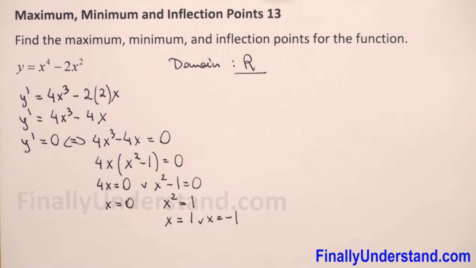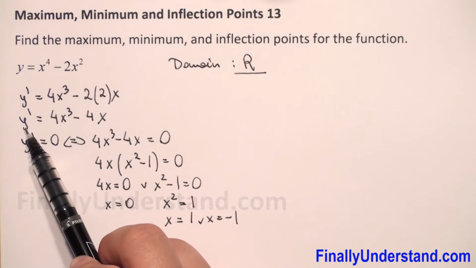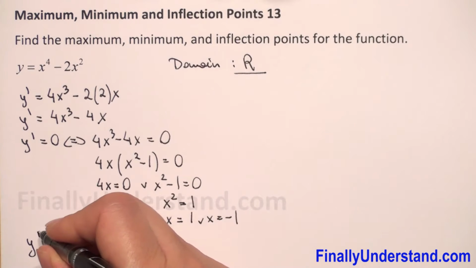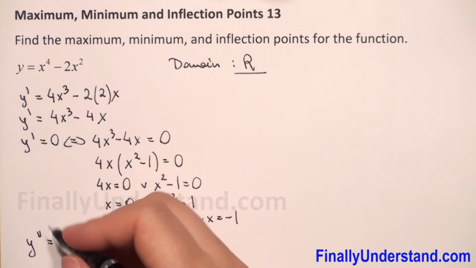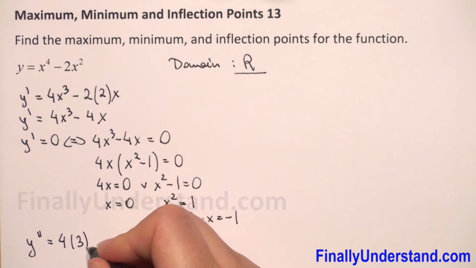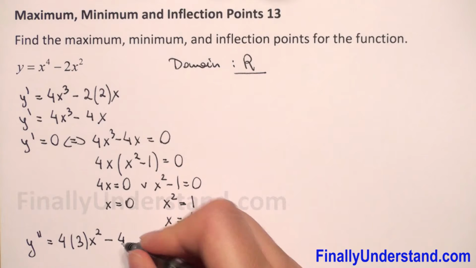Next, we have to find the second derivative. The second derivative means we have to find the derivative of the first derivative. So y double prime will be the derivative of 4x to third, which is 4 times 3x to second, minus the derivative of 4x, which is 4.